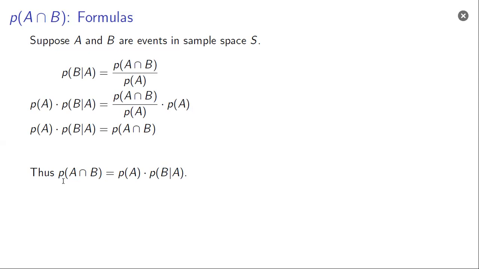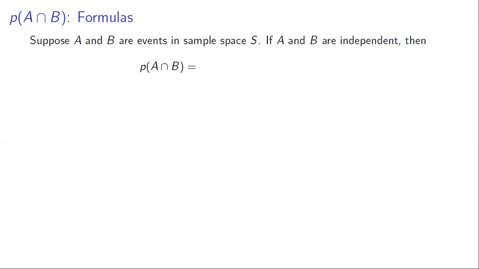Okay, so if we want to know the probability of A intersected with B, we find the probability of A times the probability of B given A. Actually, one more formula. Suppose A and B are events in the sample space S. Let's say A and B are independent, right?